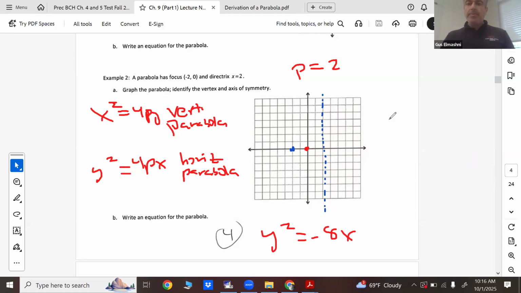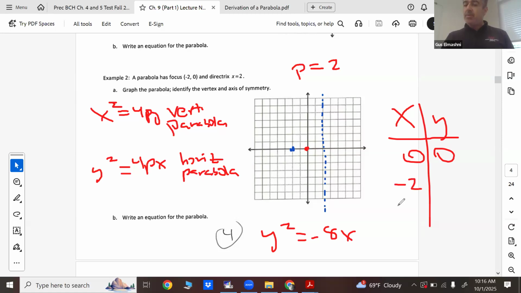So if I make a table, I have 0, comma 0. And if I plug in -2 for x, what's y going to be? 4 or -4. So now there are two outputs. Hence, it would not be a function.